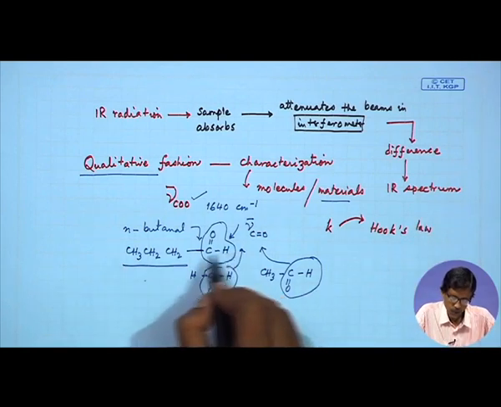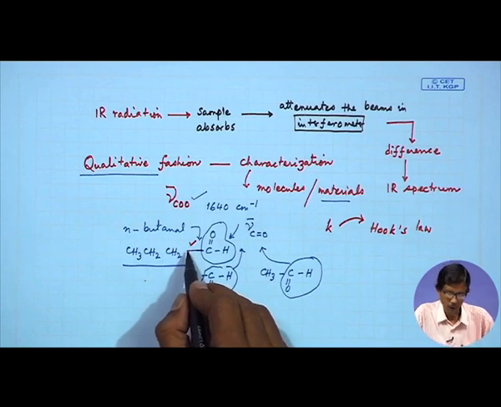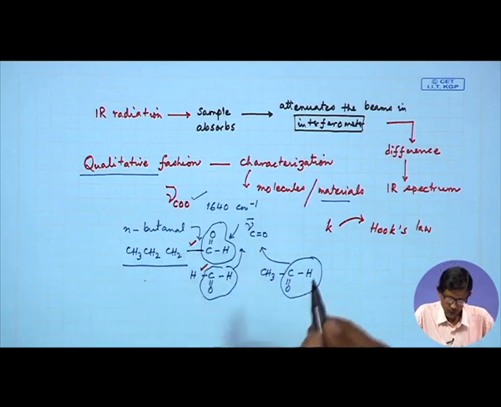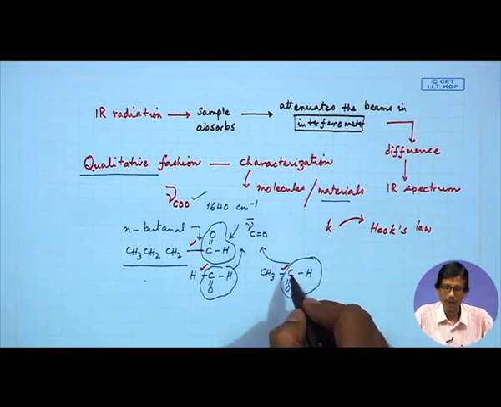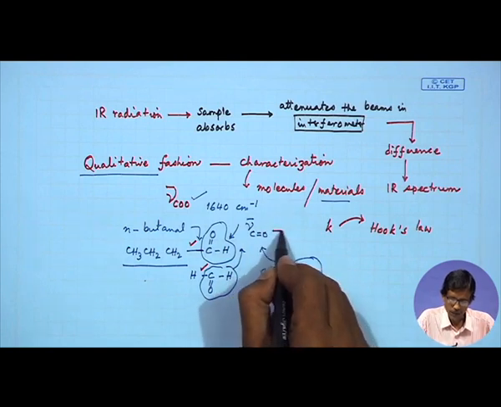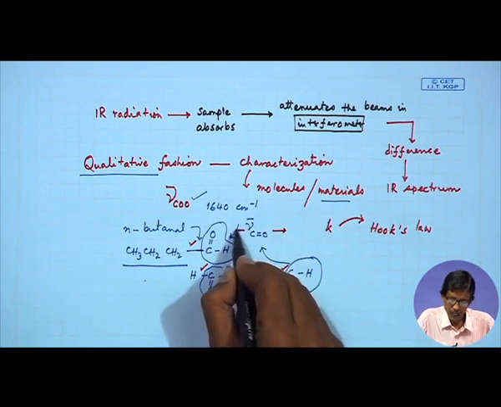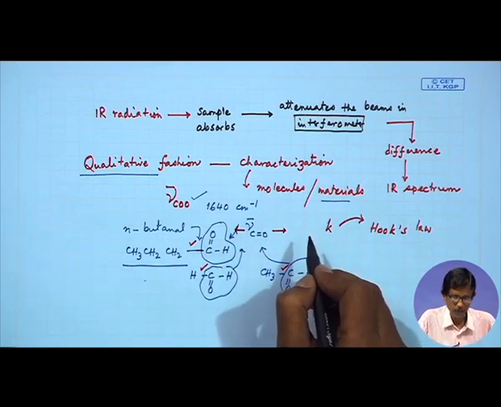So, the presence of the other part, that means whether this carbon is attached to a big or long chain, whether it is attached to H only or whether it is attached to only CH3, that does not matter much. So, we can have this particular functional group stretching frequency with only slight variation, 10 to 20 centimeter inverse variation we can see.